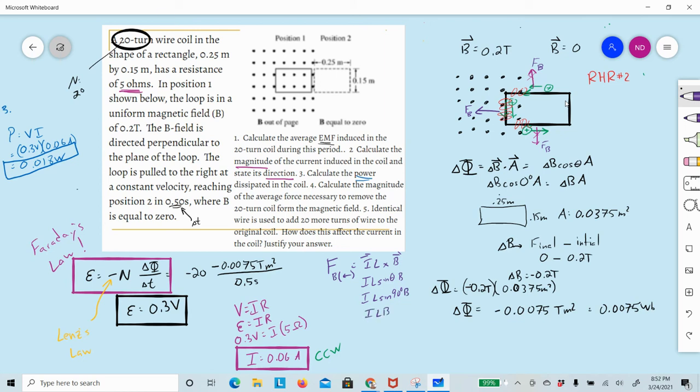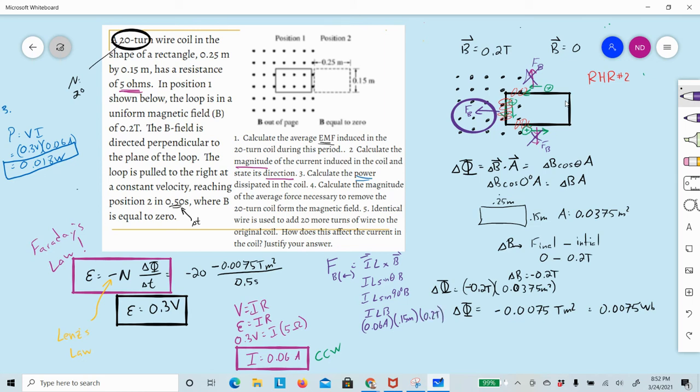The current we figured out, 0.06 amps. The length: whatever force we get here and whatever force we get there, they're going to cancel each other out, so we're going to ignore that. We're only going to use this one, and so only this length of wire, which was 0.15 meters, and the B was 0.2 of a Tesla.